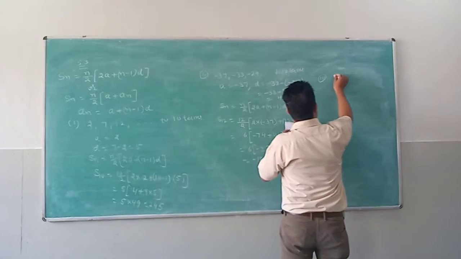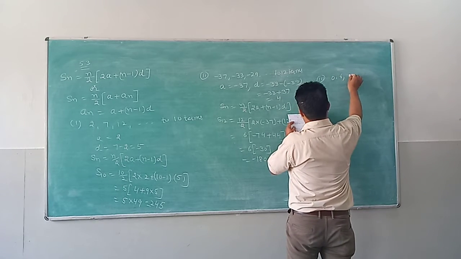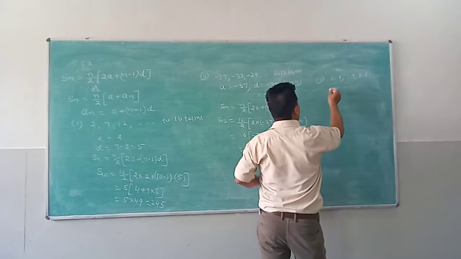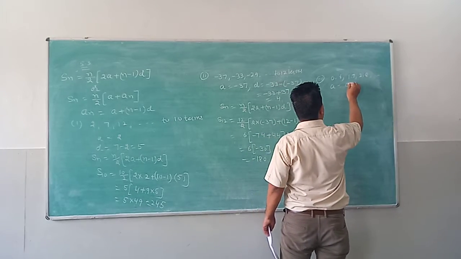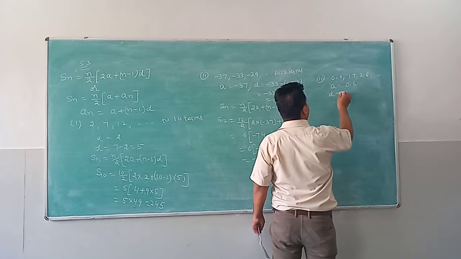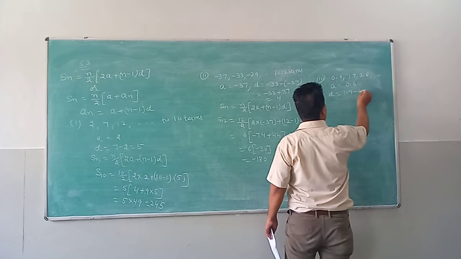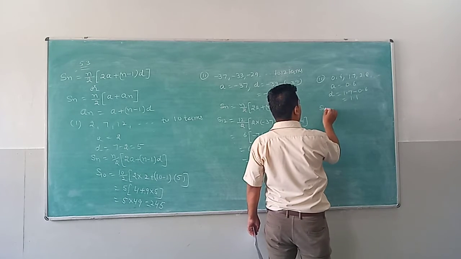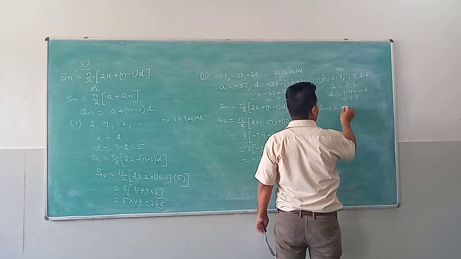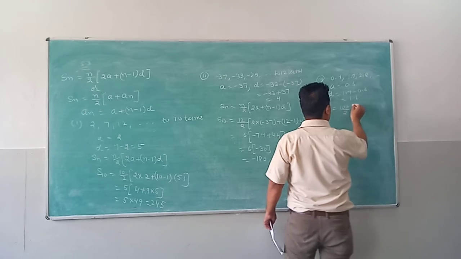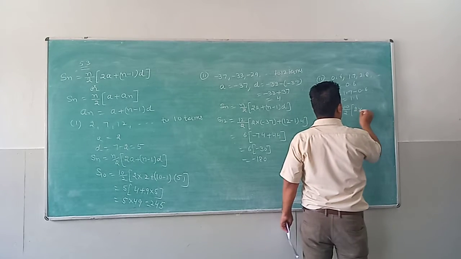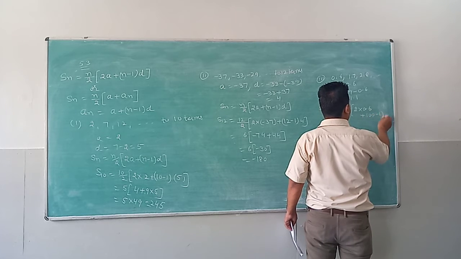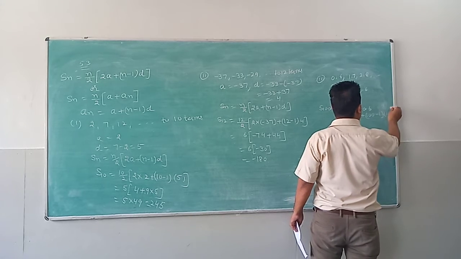In the third question, 0.6, 1.7, 2.8, we are required to find the sum of 100 terms. a is 0.6, d is 1.7 minus 0.6, which is 1.1, and the sum of 100 terms, S100, is 100 upon 2, the value of a is 0.6, 100 minus 1, and d is 1.1.